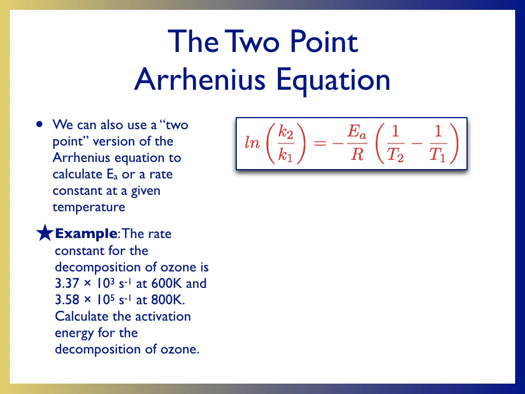We therefore take our two-point Arrhenius equation in the box and substitute in the rate constants and temperatures. We also put in R, which again we want to use 8.314 joules per mole times Kelvin.